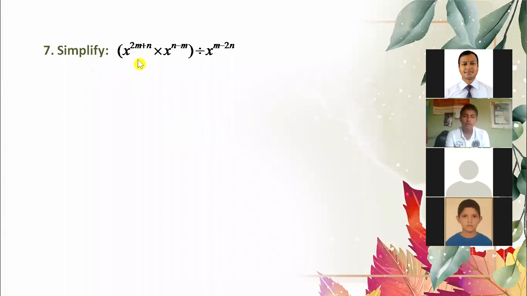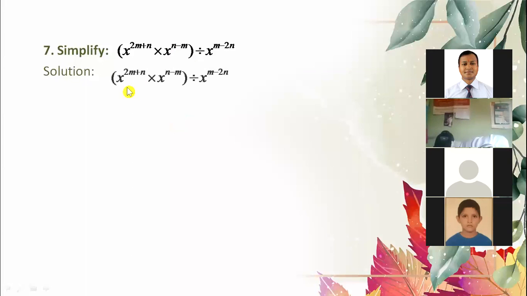For it, at first, we have to multiply. In multiplication, if bases are same, by using the law of indices, we have to add their powers. And in division, if bases are same, then by using law of indices, we have to subtract the power. That you have to remember.